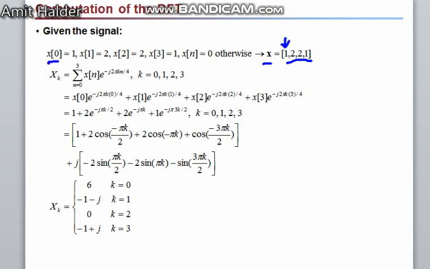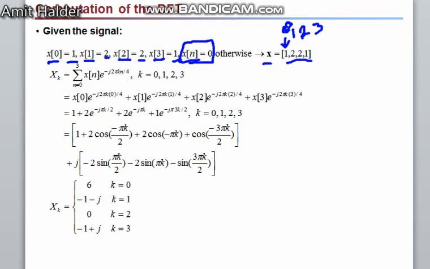So x[0] is equal to 1, x[1] is equal to 2, x[2] is equal to 2, x[3] is equal to 1. There are the zeroth, first, second, and third indexes. Whenever you find this, you can easily calculate it.